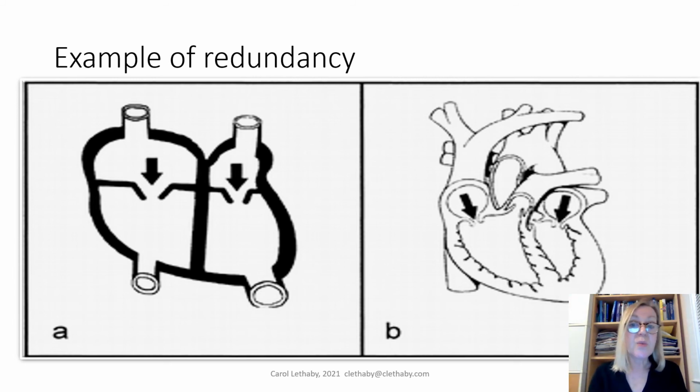If you notice which one of these pictures looks more like the heart, this one does. But for the purposes of learning how the heart worked, it was found that this diagram on the left, A, was actually better than this more realistic diagram, B. Okay, why? Well, probably because it contained redundant information.